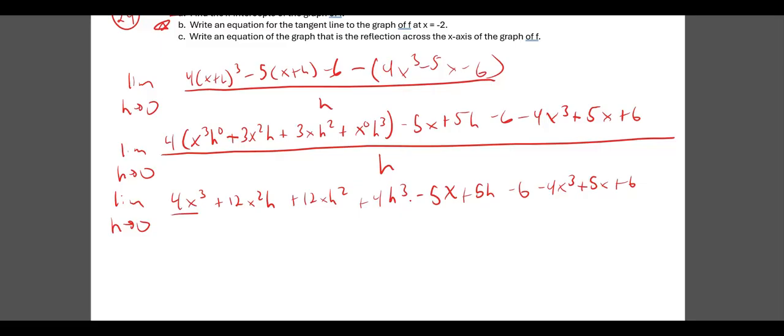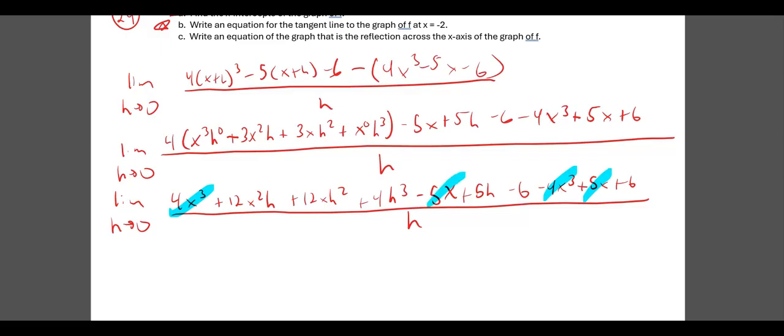So now some stuff should cancel out. That should cancel out with that. That should cancel out with that. And that should cancel out with that. And then we're going to factor all the h's out as well.